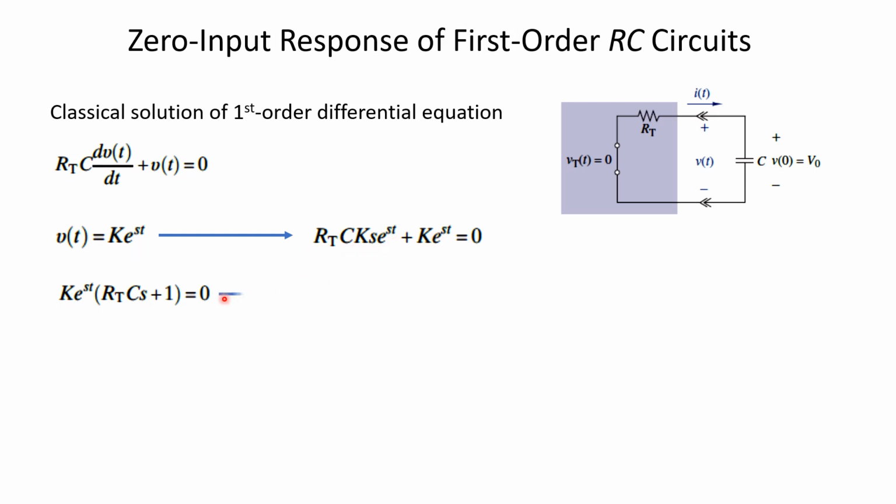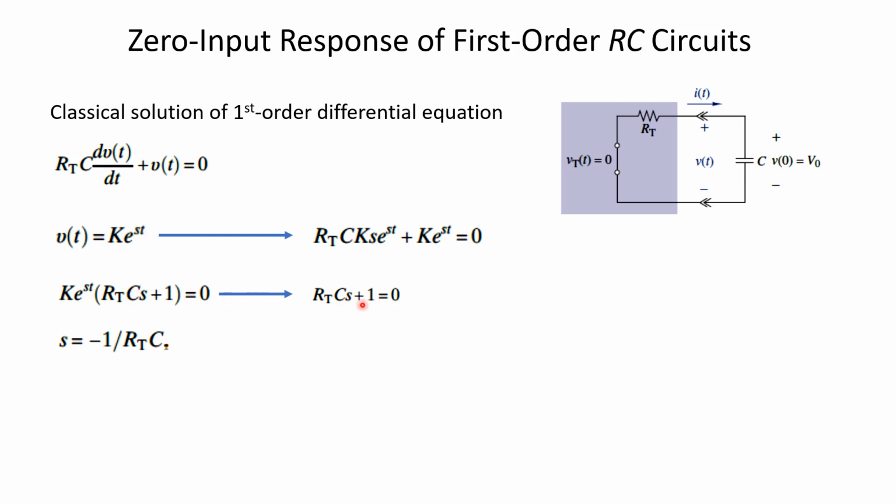K e^(st) is common, and then we have RCs plus 1, and from here we have s equal to minus 1 over RC. Note that we have assumed a solution in which two things are unknown, K and s, the exponent. We know the exponential function, so if we can determine K and s, then it will be enough to find the solution.